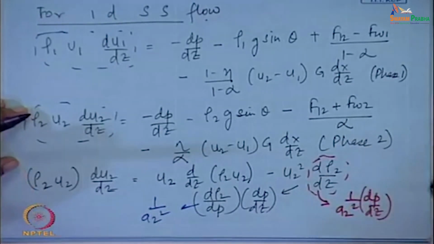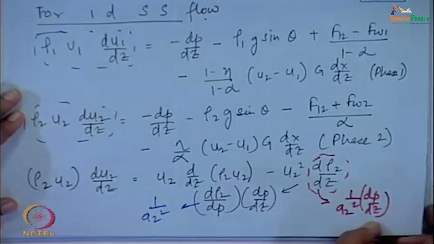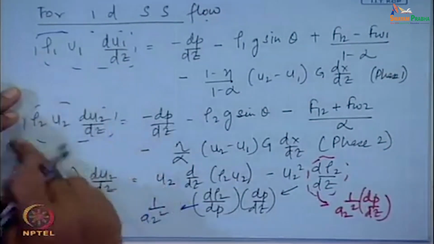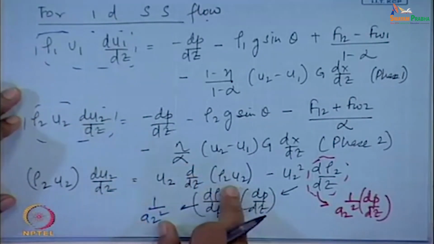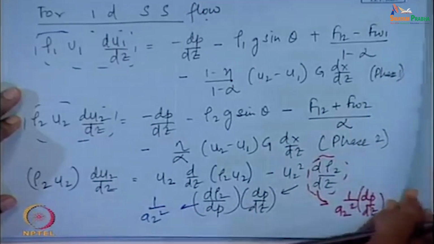Can we do this? Yes, we can write it down in this particular form. I will be going a bit slow because this derivation is slightly more complex. So, if I substitute these things, then what do I get? Then if I substitute rho 2 du2 dz with u2 d dz of rho 2 u2 minus u2 square by a2 square dp dz, I can very easily do that, isn't it? Now, doing that, what do I get?